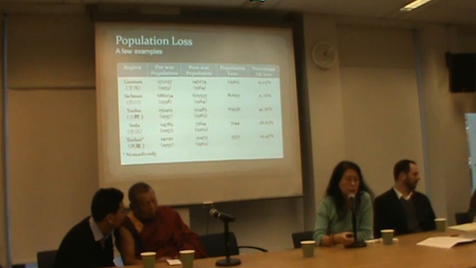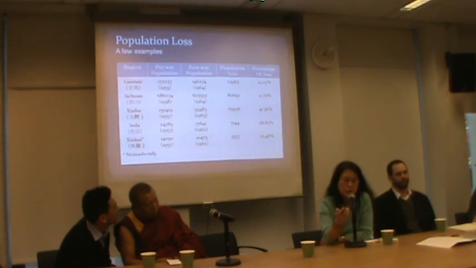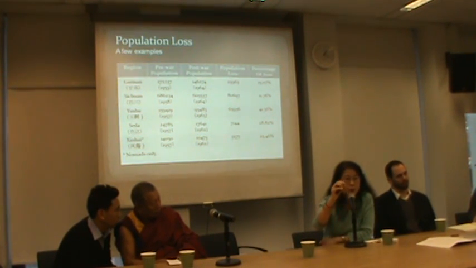Golok is also very high, but it's difficult to determine because there's evidence that the population of Golok has been changed several times. So they came out with a 1953 population base.